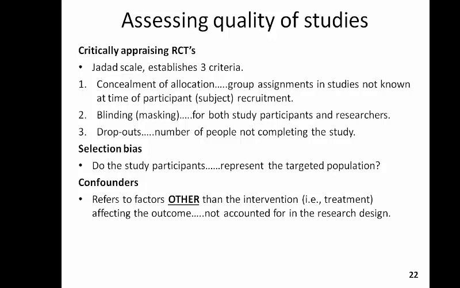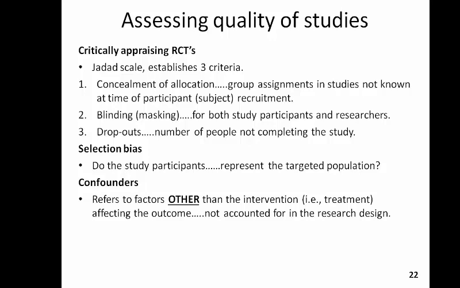These refer to factors other than the intervention. So if a randomized clinical trial is evaluating the effectiveness of a new drug, the researchers want to make sure that the final outcome of the experiment can be attributed to the medicinal ingredient in that new drug.